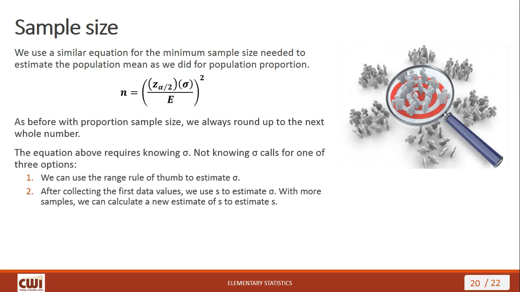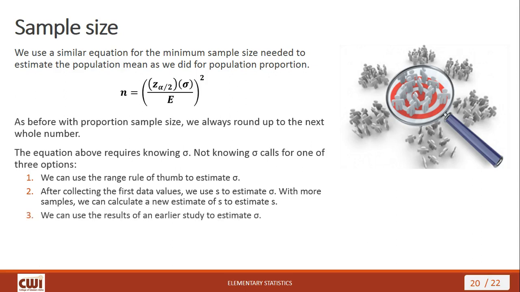This can be a little tricky because, remember, standard deviation is a biased estimator, so the sample standard deviation is not going to tend to target the population standard deviation. However, with this option, we make a first estimate and then we collect more data, so we keep making newer and newer estimates of our standard deviation in order to estimate the sample size.